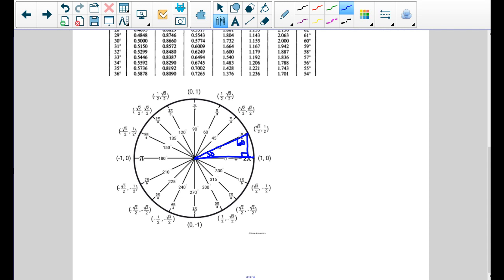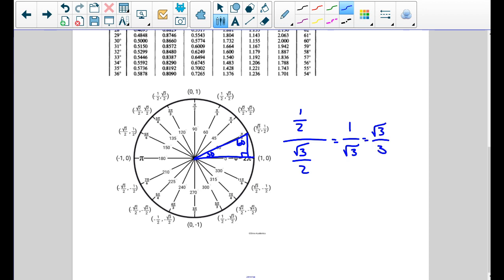Cosine of 30 is going to be the x value, square root of 3 over 2. Tangent would then be 1/2 over square root of 3 over 2, which converts into 1 over square root of 3, which then converts into square root of 3 over 3.